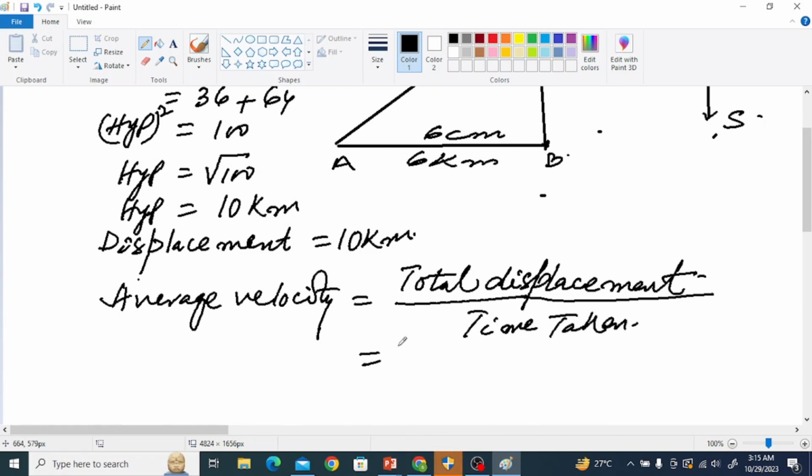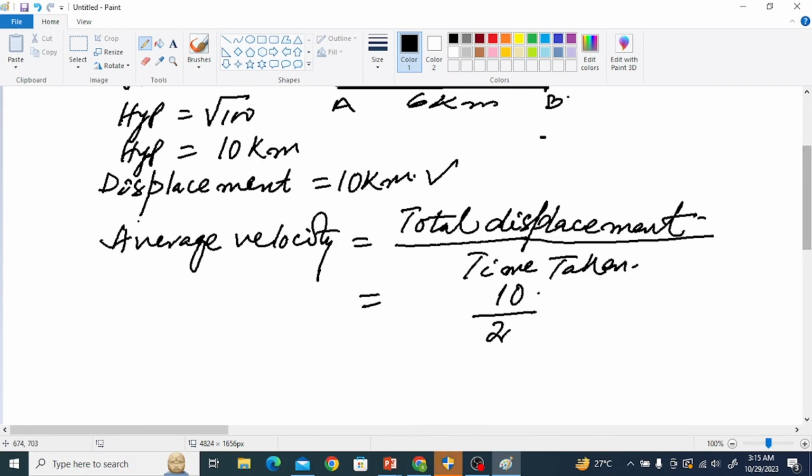So total displacement we got here as 10 kilometer, and the total time of the journey we know is 2 hours. So dividing 10 by 2, we got the average velocity as 5 kilometer per hour in the northeast direction.